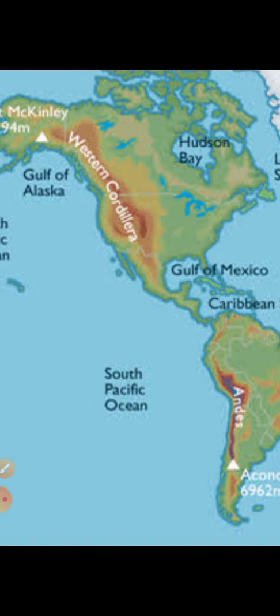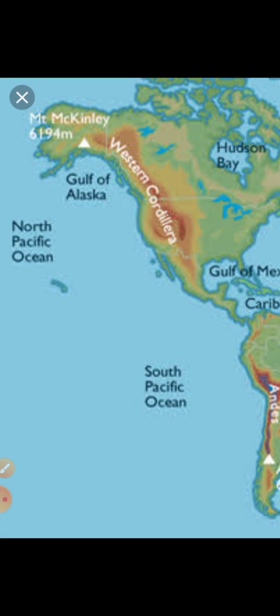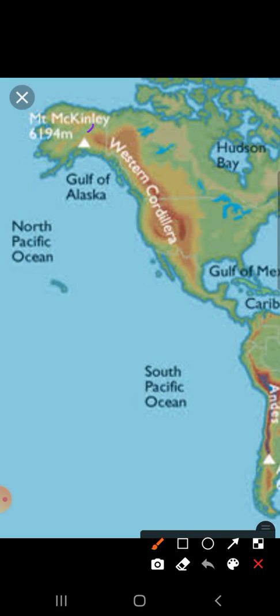So look here children. You can see in this map the Western Cordilleras. These are young fold mountain ranges like the Himalayas of North America.